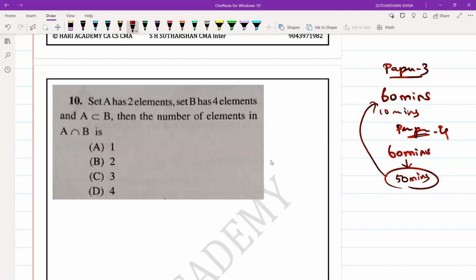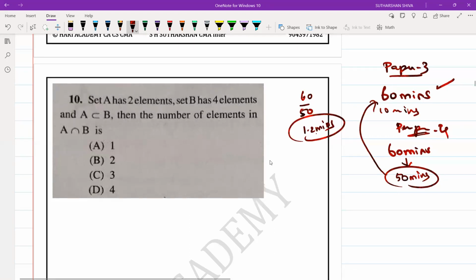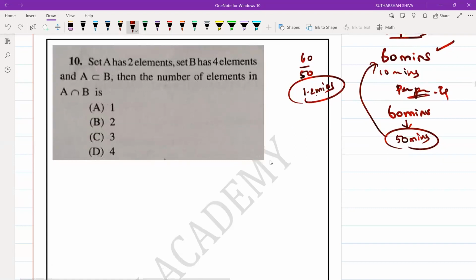I myself will tell you, okay, 60 minutes is more than sufficient to answer those 50 questions. Entire 50 questions you can attempt. Blindly you can attempt, because there is no negative marking. Okay, it means if it is the first case, you get 60 minutes, 60 divided by 50. So you will exactly get 1.2 minutes to answer.